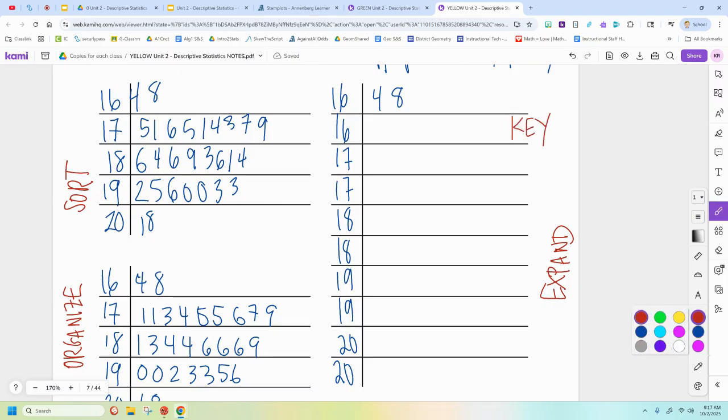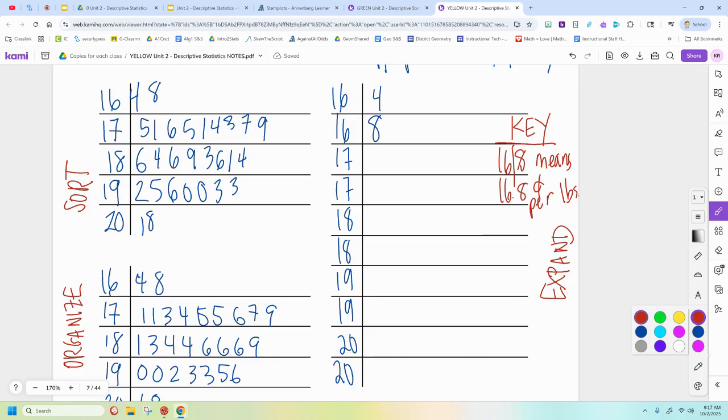Oh, and I'm sorry, I have the 8 in the wrong spot. Don't yell at me. Blue. 8 goes here. My key is 16.8 or 16 bar 8 equals 16.8 cents per pound. So don't forget that key, don't forget that title.